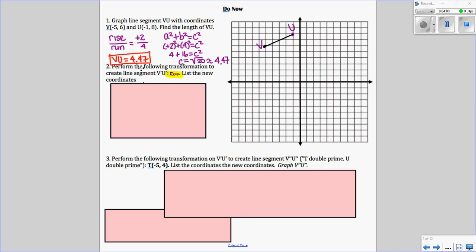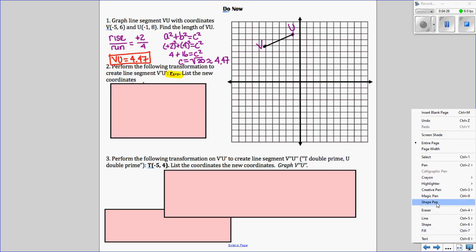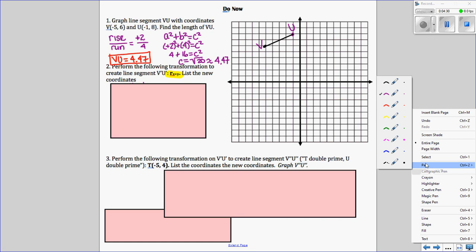Now, perform the following transformation to create line segment V prime U prime under the reflection of x equals y. So for that one, I'm going to use the pen, and I'll use the broken line.